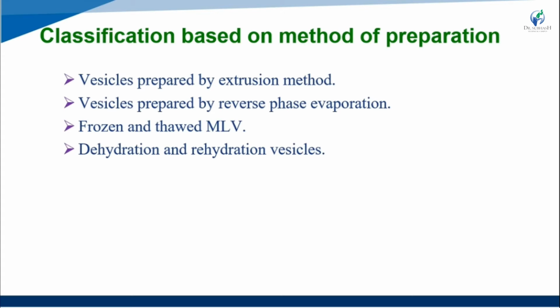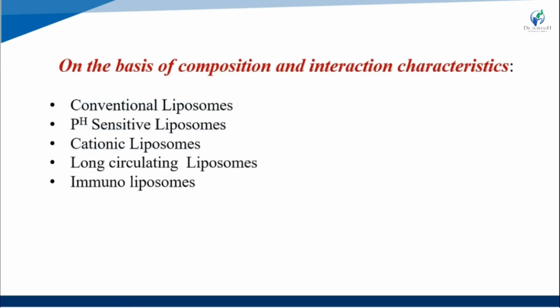This is the classification based on the method of preparation of the liposomes. And then on the basis of composition and interaction characteristics: conventional liposome, pH sensitive liposome, cationic liposome, long circulating liposome, and immunoliposome.